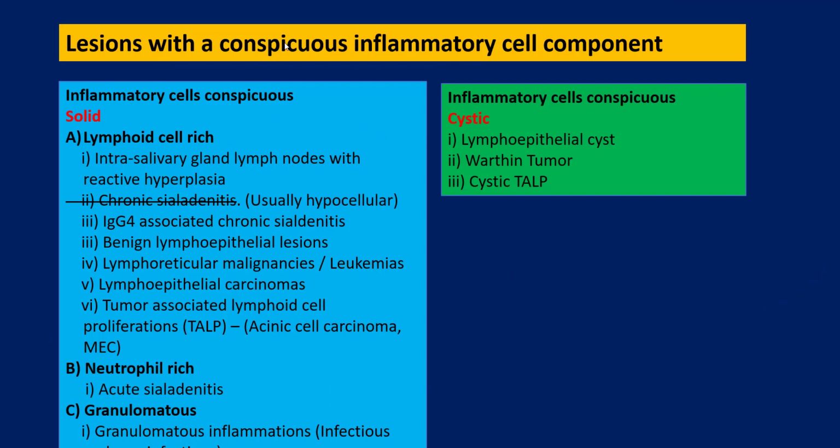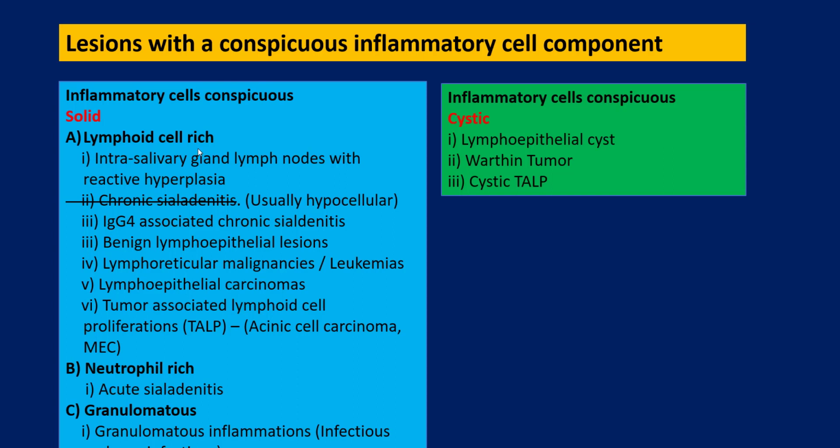So lesions with conspicuous inflammatory cell components could be cystic or solid. Under solid, and there could be a lot of overlap, of course, you could further categorize them as lesions which are rich in lymphoid cells, lesions which are rich in neutrophils, and granulomatous lesions.